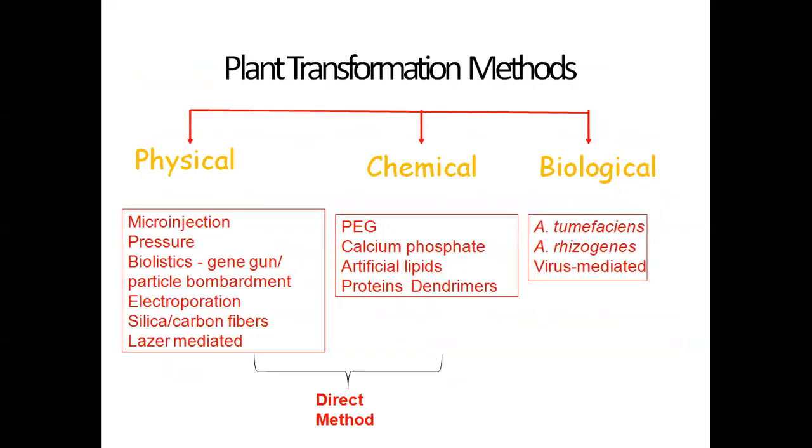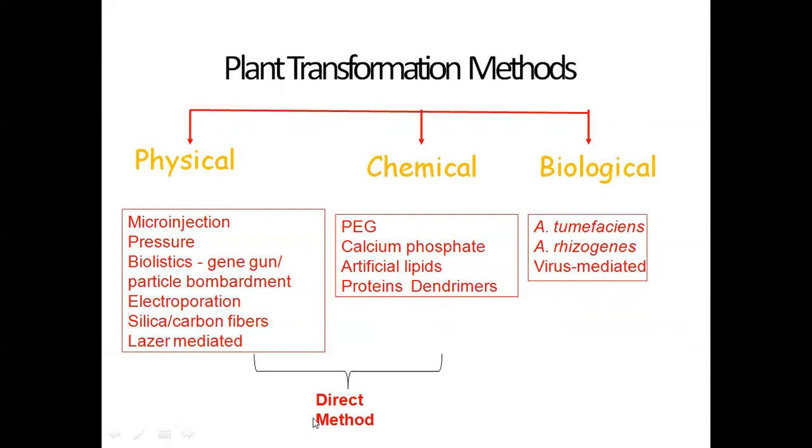Okay, so this slide is very, very important for all of you. Questions may frequently come from this slide, meaning what are the types of gene transfer methods in plants. So already I told you, broadly it is classified into two categories. First is the direct method.